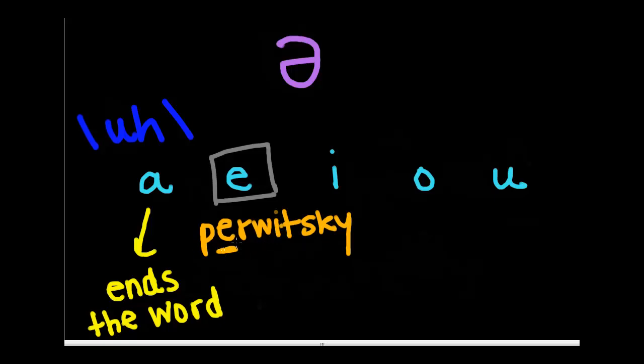Perwitsky, again, you can see the E here makes the schwa sound. Here's something where we could use our speller intuition, our Sprachgefühl, because if you stuck an A in there, it would look like it would be pronounced Parwitsky. I don't think you would think it to be pronounced Perwitsky. Same thing with an O. If you put an O in there, it would probably look like it would be pronounced Porwitsky. So here, your only good options are E or U, because I is not really common.